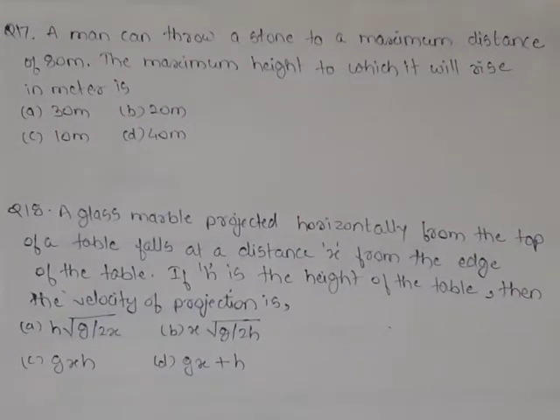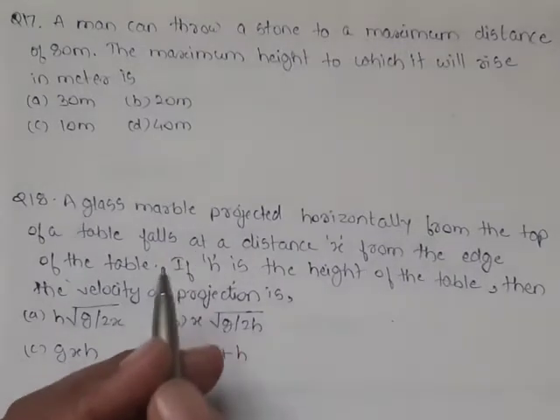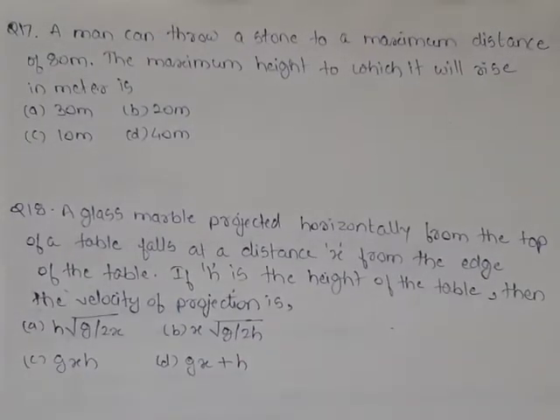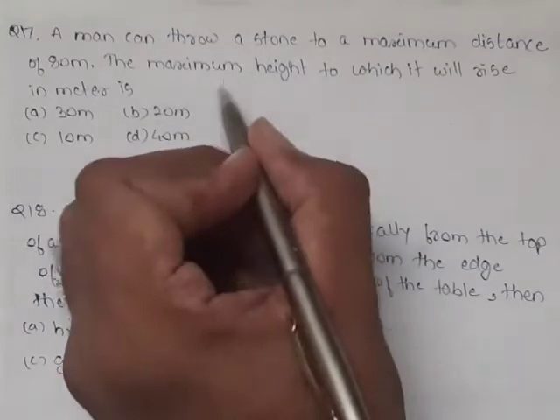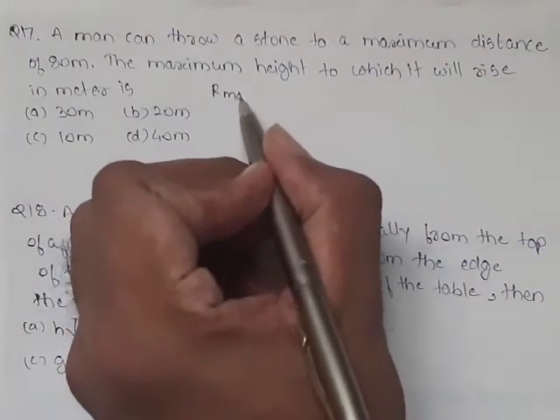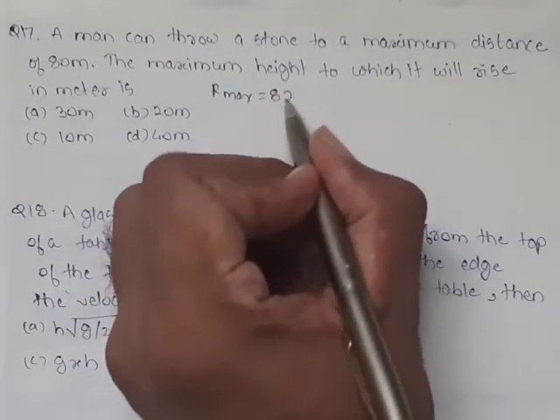Now we'll see question 17. A man can throw a stone to a maximum distance of 80 meters. The maximum height to which it will rise in meters will be. So here the maximum distance is 80 meters, meaning R max. So R max is equal to 80 meters.